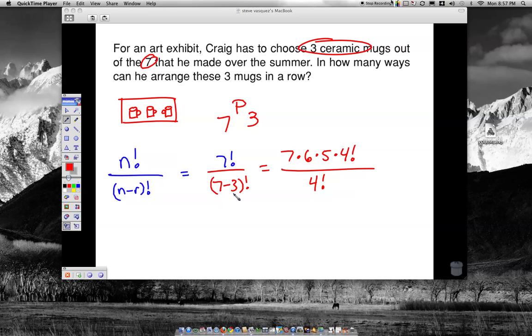I did my shorthand notation so that I could cancel out. I now have 7 times 6 times 5. 6 times 5 is 30. 30 times 7 is 210. So I have 210 total ways to arrange these mugs for Craig at the art exhibit.